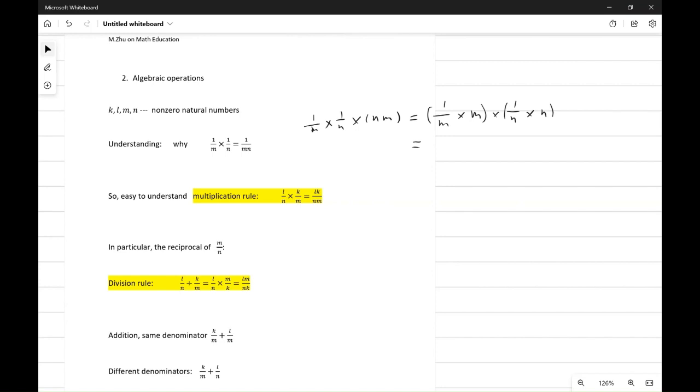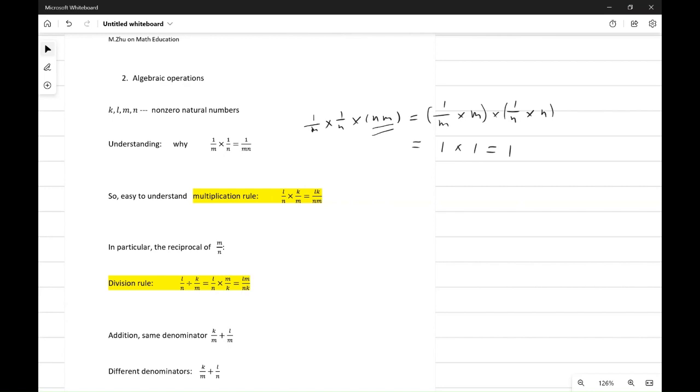Then using the definition of reciprocal, 1 over m times m is 1, and 1 over n times n is also 1. Therefore, that equals 1. This means that the reciprocal of n times m is exactly 1 over m times 1 over n.